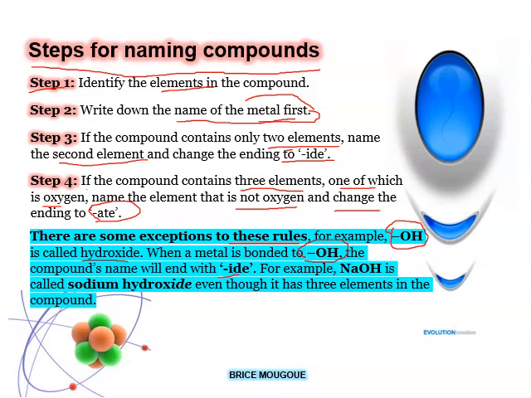For example, we have a metal, sodium, bonded to an OH group here. We have in this compound 3 elements: 1, sodium; 2, oxygen; 3, hydrogen. The compound is then called sodium hydroxide, although it has 3 elements in that compound. We refer to it as sodium hydroxide.